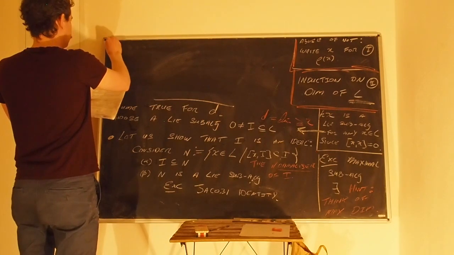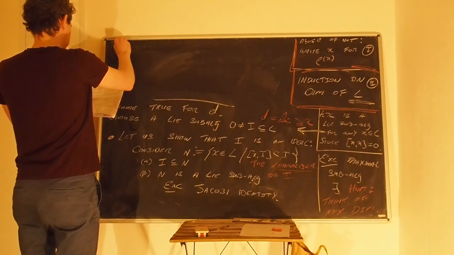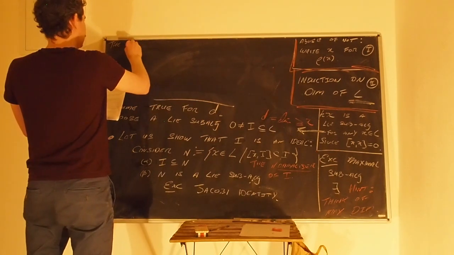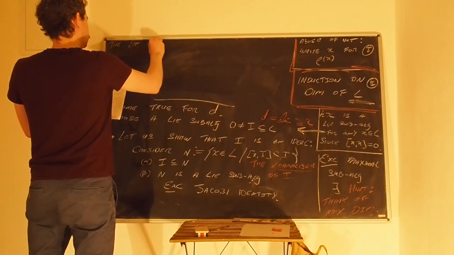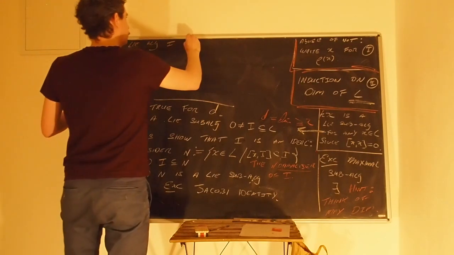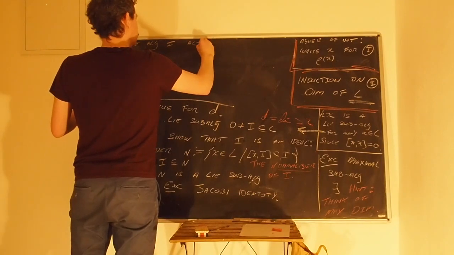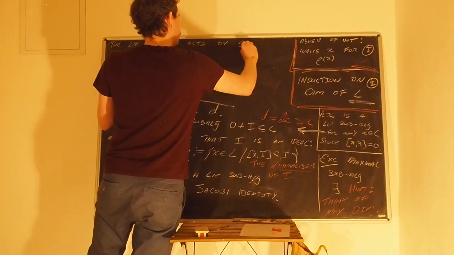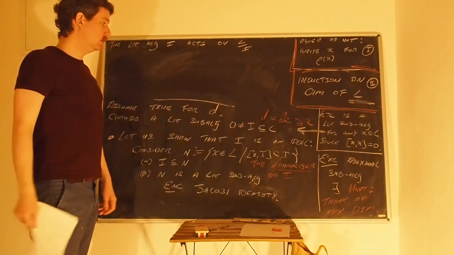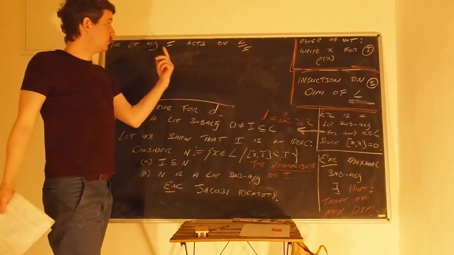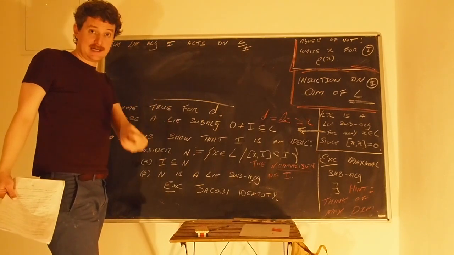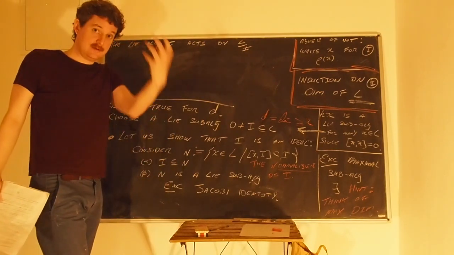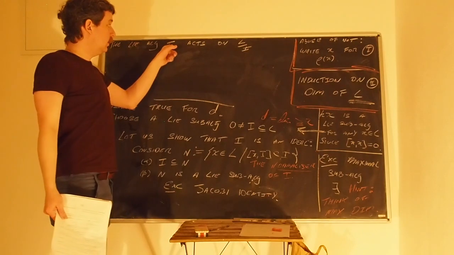So now, the Lie algebra I acts on L. It's well defined. This is the Lie subalgebra, so we're letting it act. You can always let the algebra act on itself via the adjoint, as I said before.